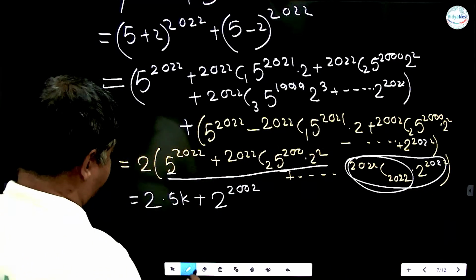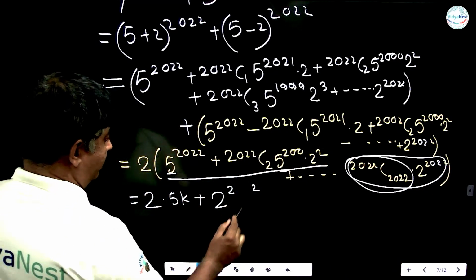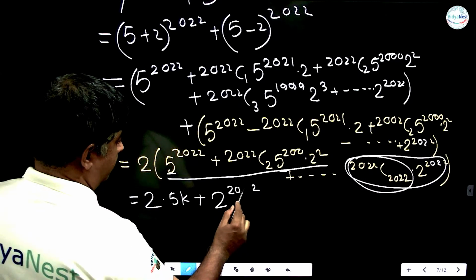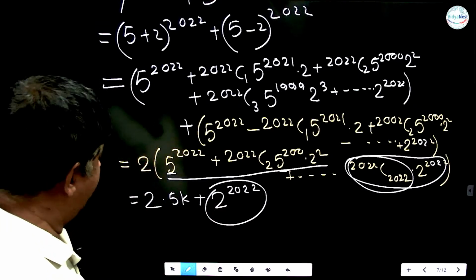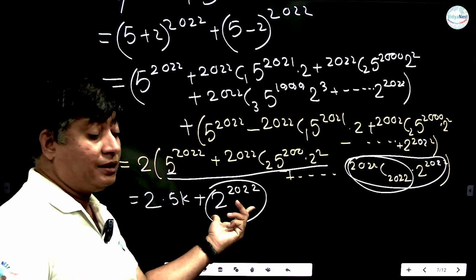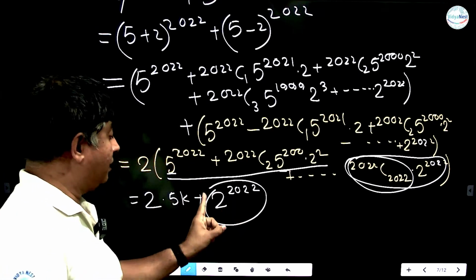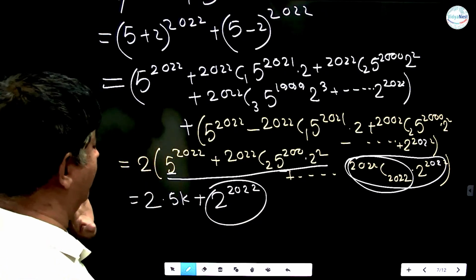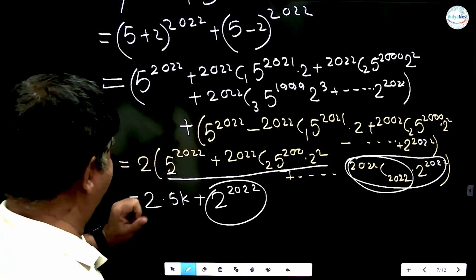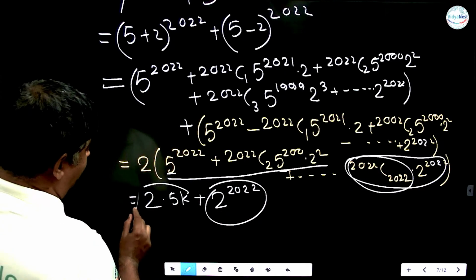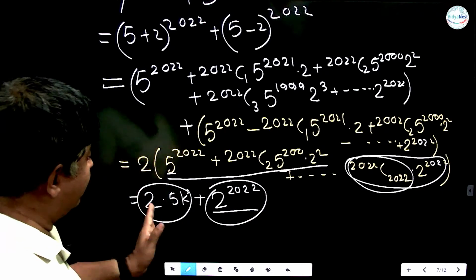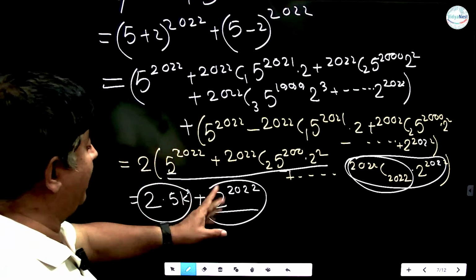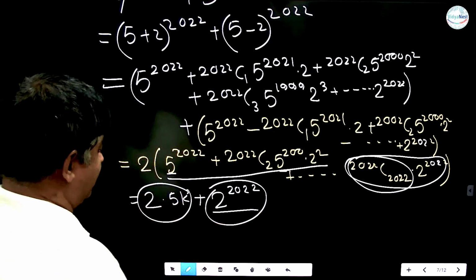Now, this part is left. So can I tell that this part is the remainder? No. See, this is a multiple of 5. Now what about this? There is a shortcut trick in finding it, using Fermat's principle.